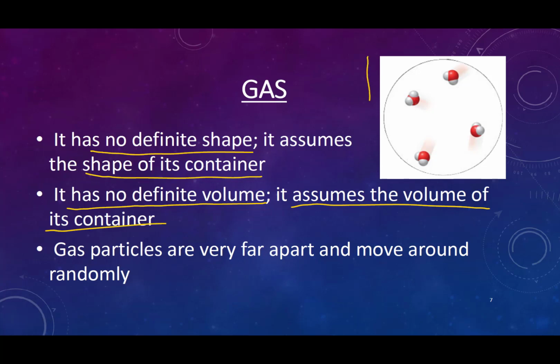And as you could see in this picture, gas particles are far apart from each other. And that's why they move in random motion. The intermolecular forces between gas particles are very weak. And that contributes to them not having a definite shape and volume.